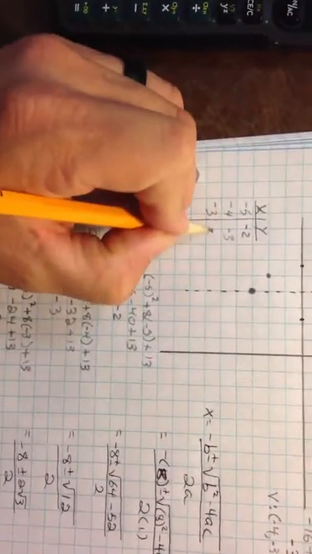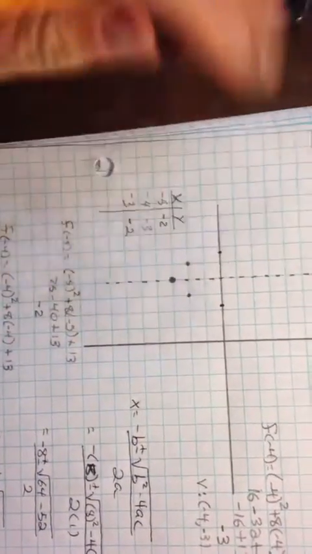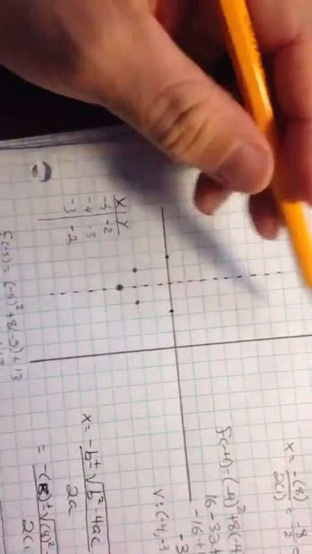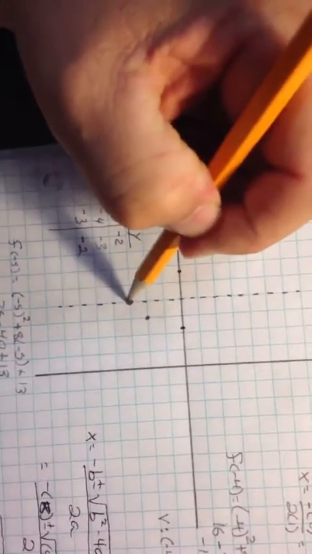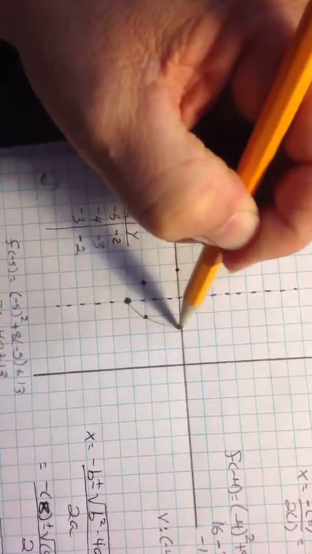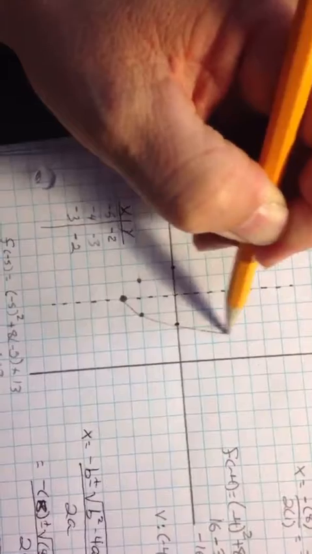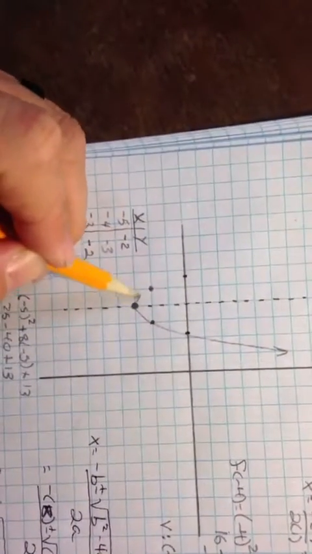And it's -2 again, which makes sense because it's symmetrical. So now you could keep carrying this thing on out if you wanted to. I mean, it's up to you, but really, I've got enough points here to kind of get a good idea of what this thing is doing.